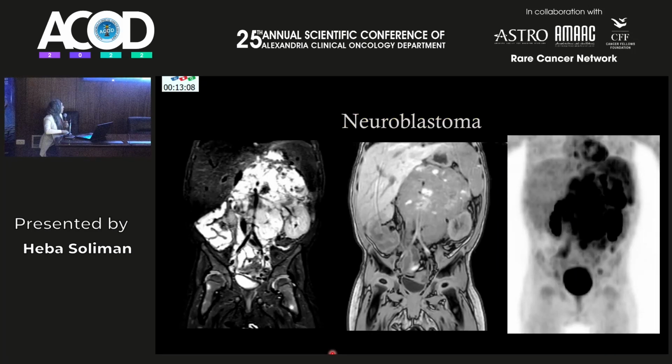This is another case of neuroblastoma. This patient underwent the PET-CT first and it didn't show the bone marrow infiltration, which was very minimal. And the bone marrow biopsy is a lengthy procedure and takes around 2 weeks for the results to show.